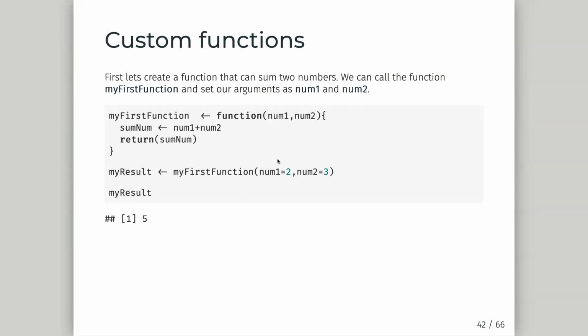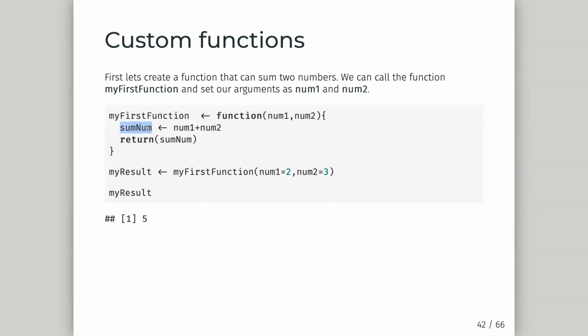So let's create a really simple function. I'm going to create it by assigning it to myFirstFunction, function. Within those parentheses, I have two arguments, num1 and num2, separated by a comma. Then inside our expression, where these curly brackets are, we're going to create something new called sumNum, which is just num1 plus num2.